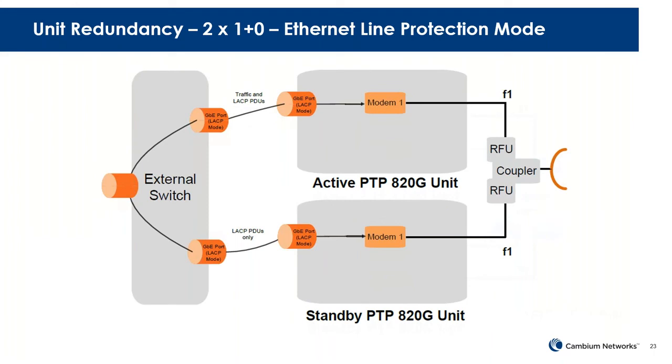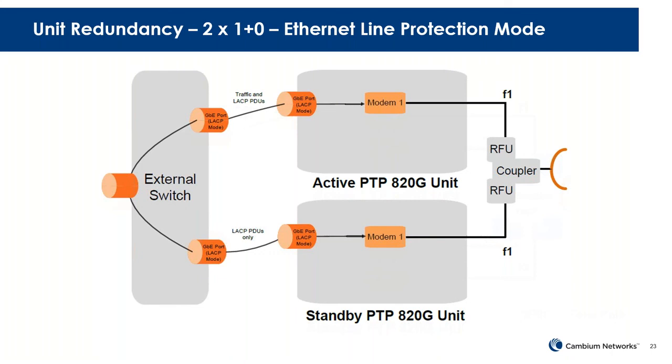And also with A20G, we also support line protection, just like the all-outdoor units A20C and A20S. We support line protection mode. What it does is that you use LACP from the external switch, right?